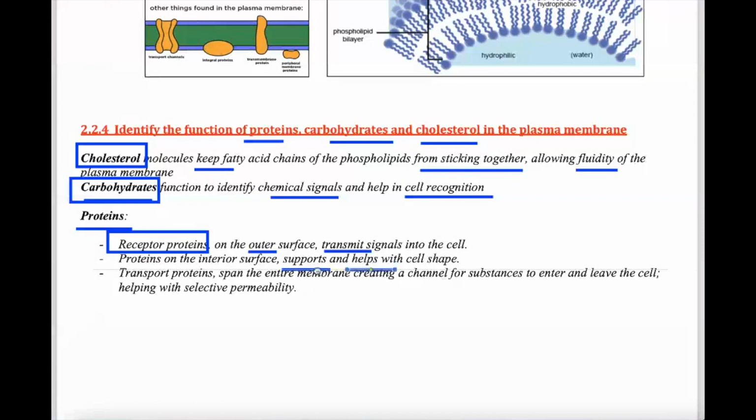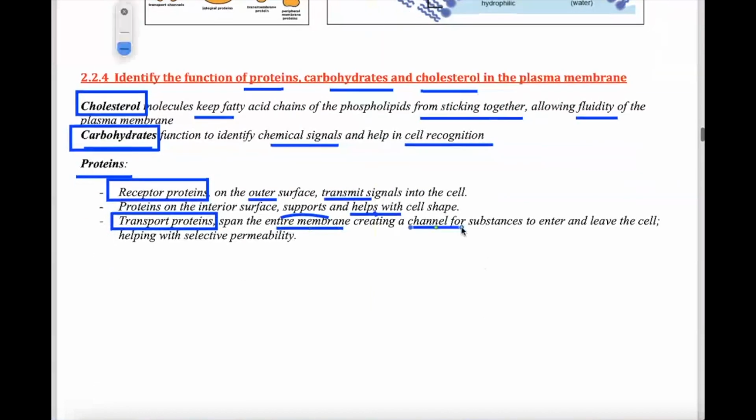And the most important of all, we have the transport proteins, which span through the cell membrane and create a channel for the substances so that they can enter and leave the cell.